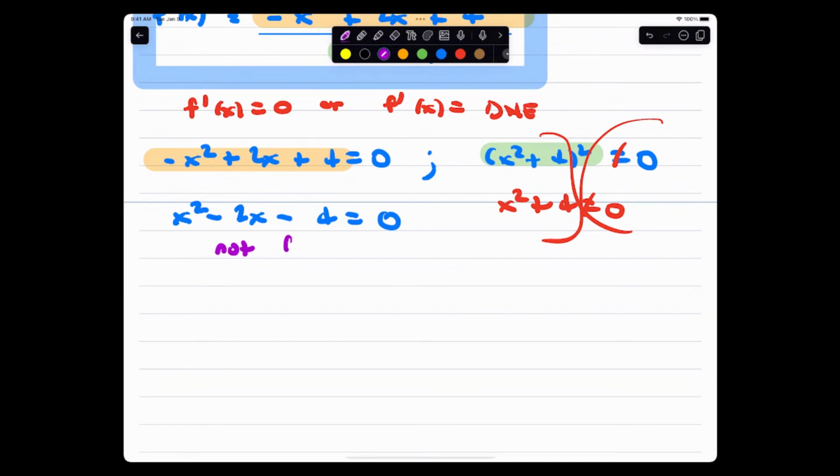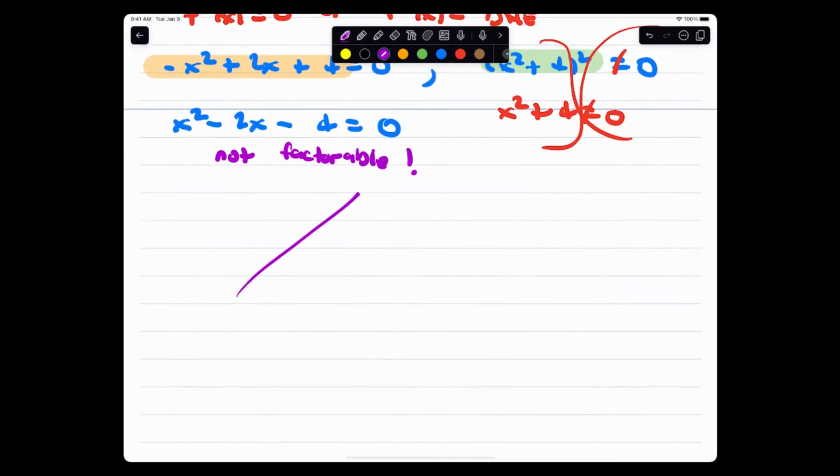It's not factorable. How do you guys know that's not factorable? Because you're trying the crisscross method: two numbers whose product is negative 4 but whose sum is negative 2. You can't find any, so it is not factorable.